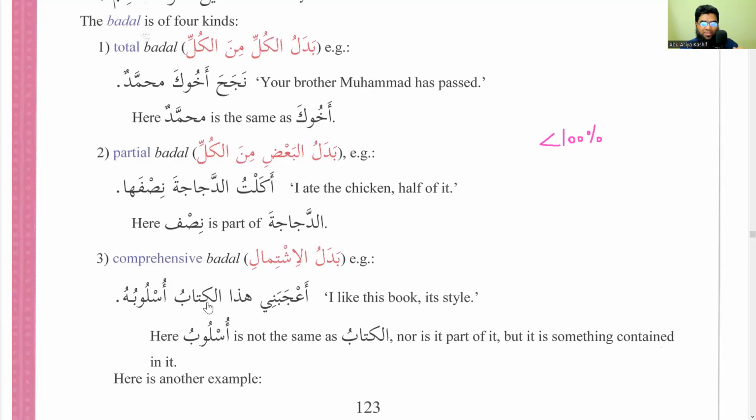But what do you like? Its cover, its writing, or what? I mean its feature. Uslubuhu. Uslub means its way of writing, its style. Ajabani hadal kitabu uslubuhu. So this is neither the whole nor a physical part of it. It's like a quality of it.